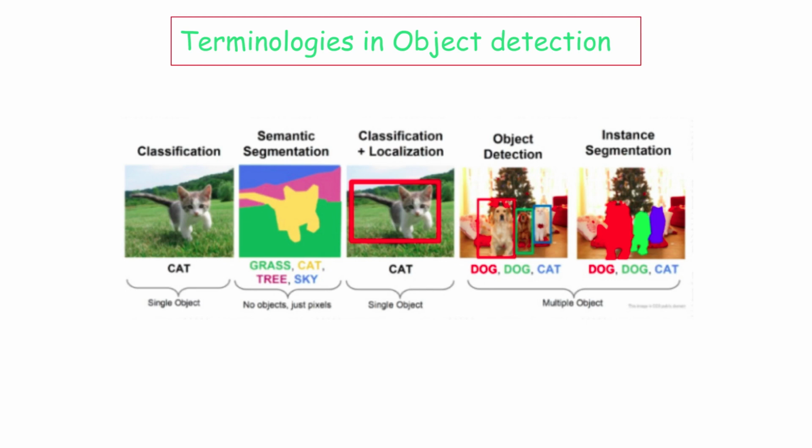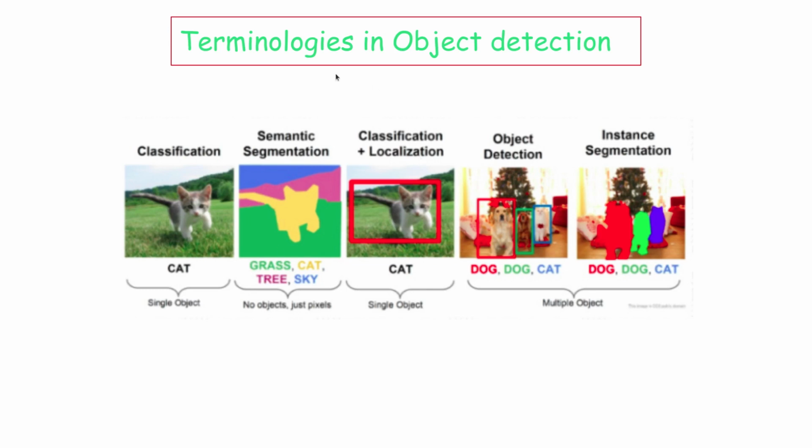Then if you do a bit fancier, you can do segmentation, where you see here the grass, cat, tree and sky, all these are segmented differently. So that is known as semantic segmentation. After which there is also a way where it will tell you that there is a cat and also show you exactly where the cat is in the image. This is a bit advanced, where there is classification and localization of the image.